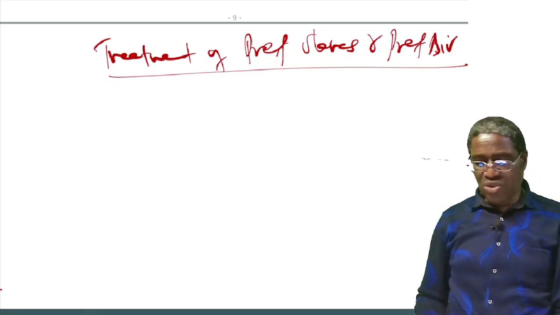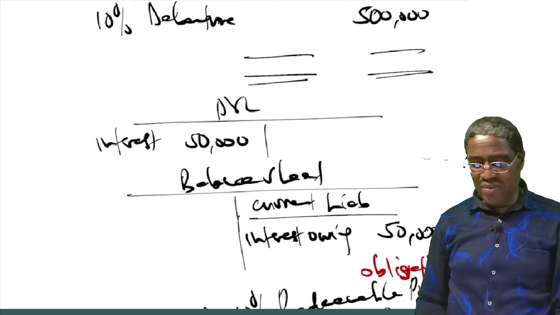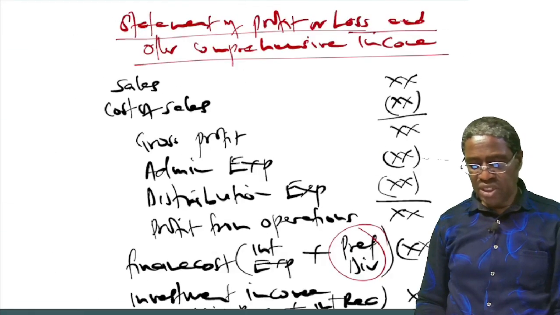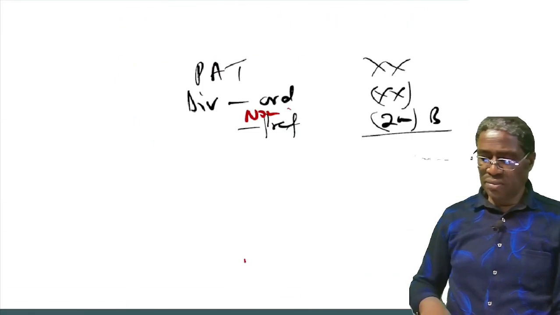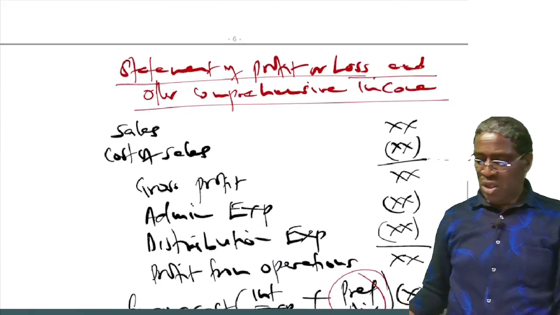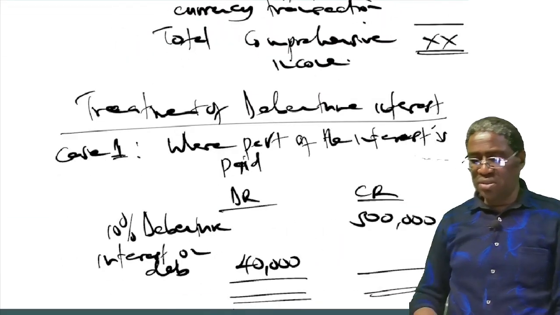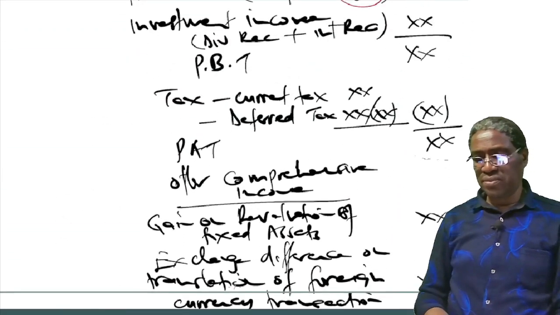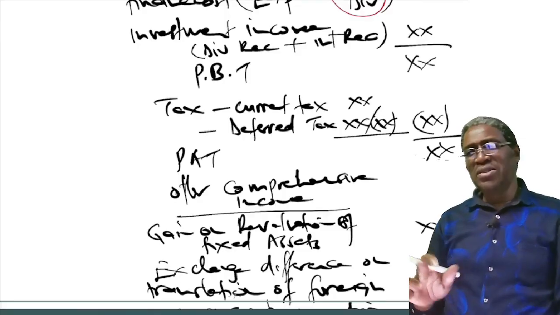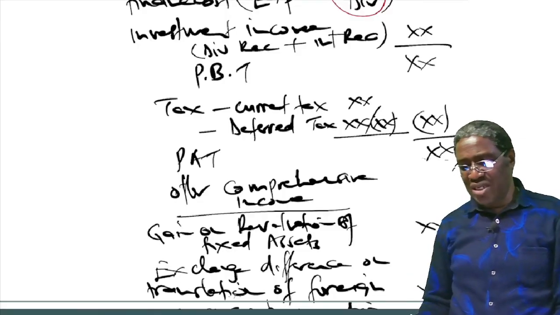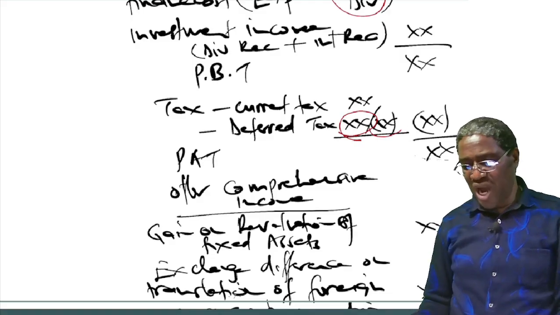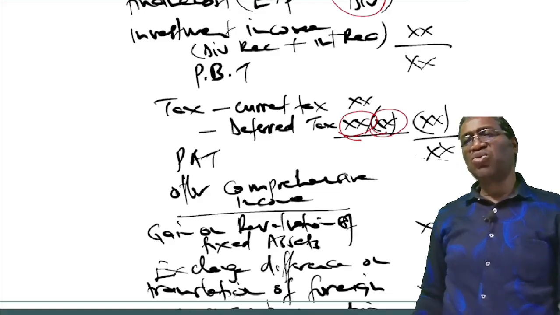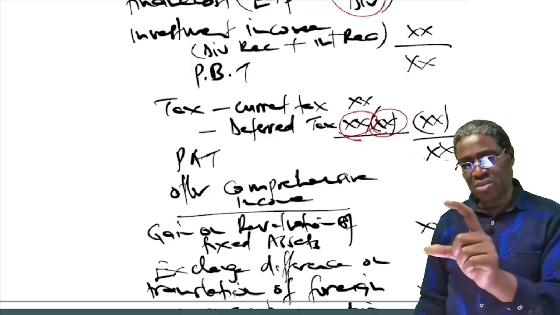Now, the other thing I want to talk about, which I told you last time I'll talk about, is this here. When you look at this income statement, which we have just talked about, I said there are times you deduct deferred tax, and there are times you add deferred tax amount to the current tax.